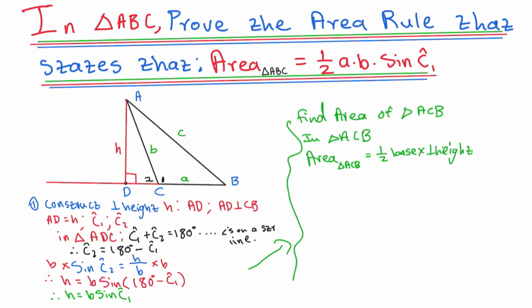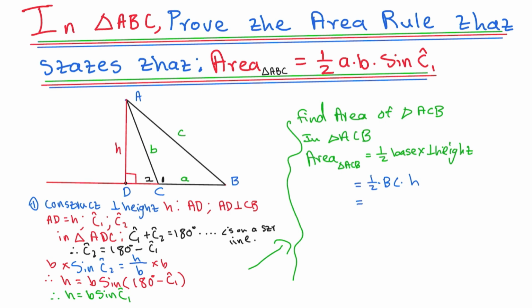What's going to be my base? My base is this one, but I'm dealing with a triangle, so it's just going to be CB. And my perpendicular height is this one, according to the triangle rules. So half of base BC, and then my perpendicular height is H. Do we agree on that?